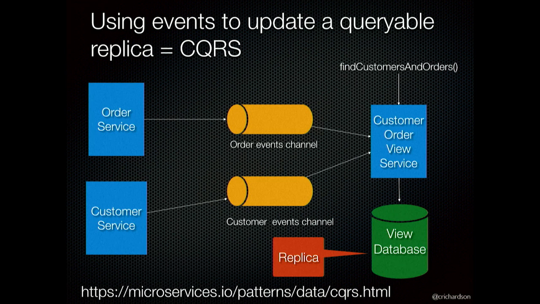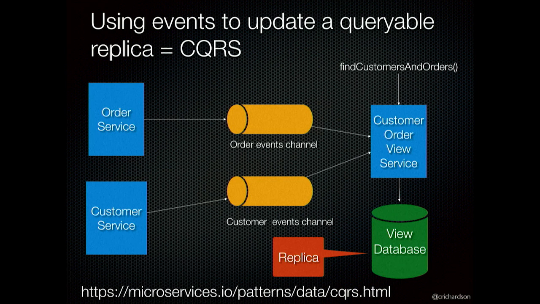So for a given query or for a given group of queries, you design a database schema using whatever database technology makes sense for those queries. Like you might use Elasticsearch or MongoDB. It depends on the nature of those queries.